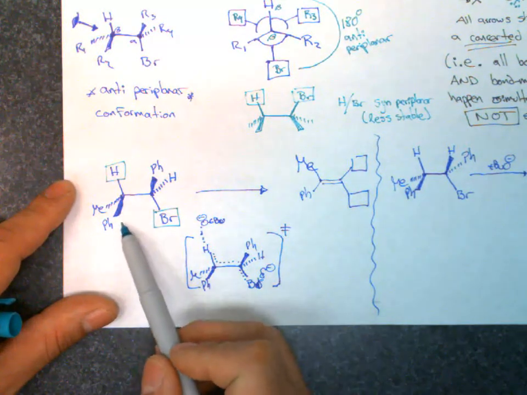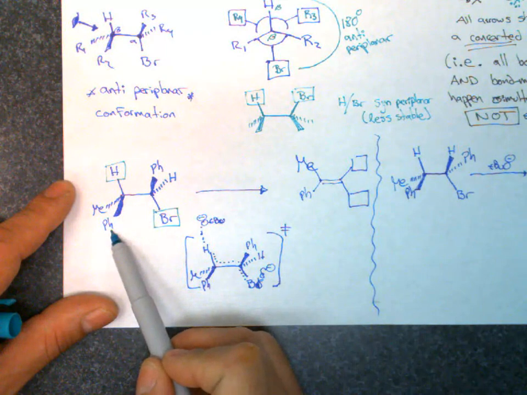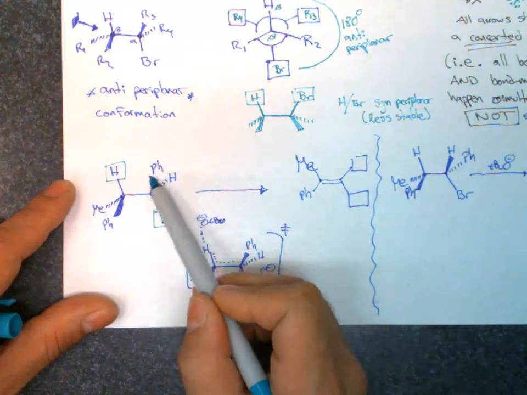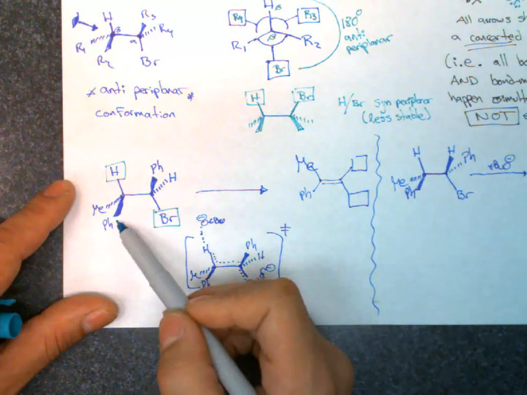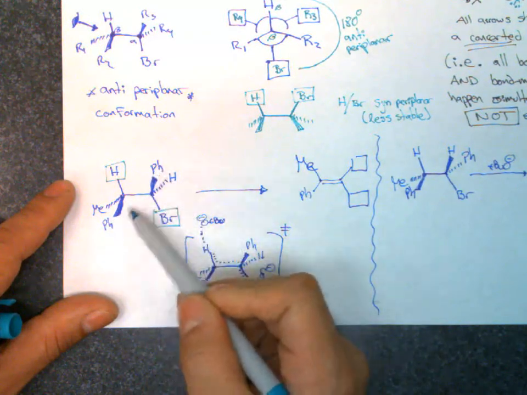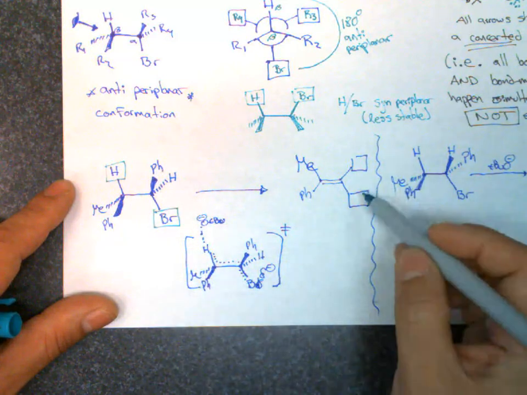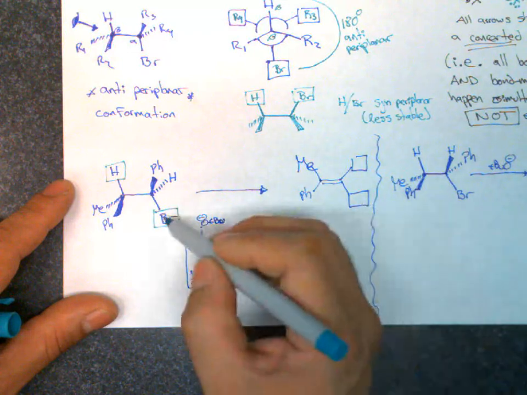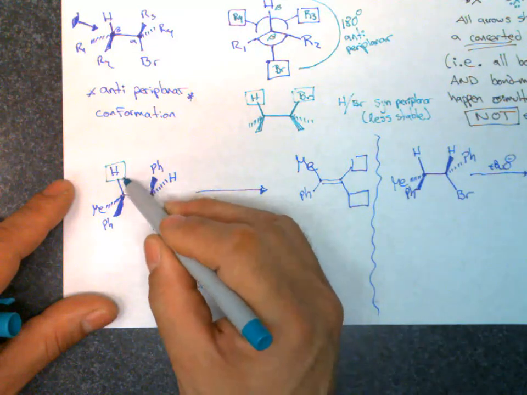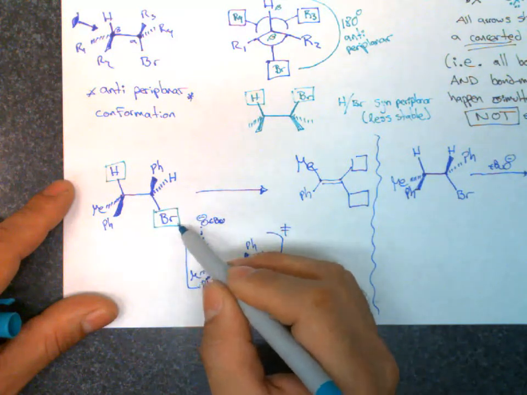Now I have phenyl towards me in front of the plane or above the plane of the paper. This other phenyl, it's also on the same side. These two phenyl groups are on the same side. So the question is, what should I write in these boxes? So we agree that we're going to remove HX. These two should be gone.